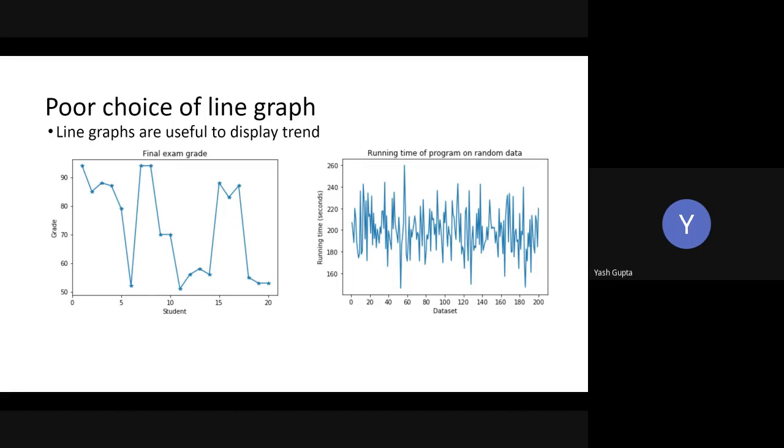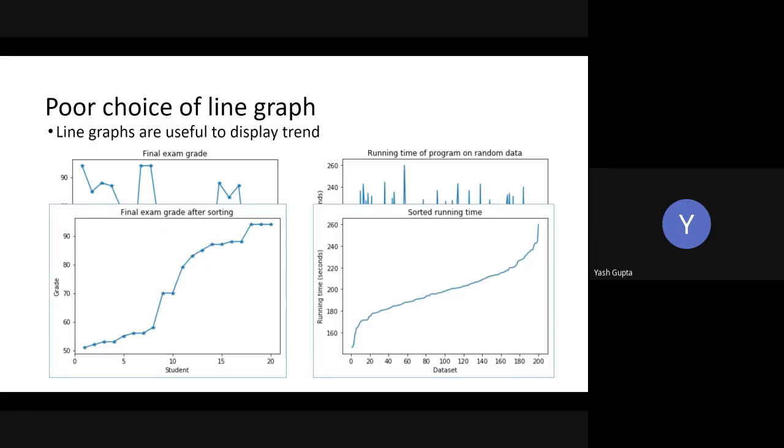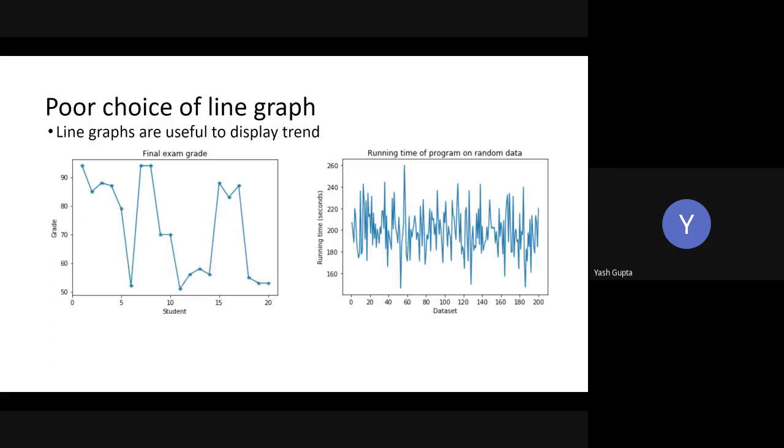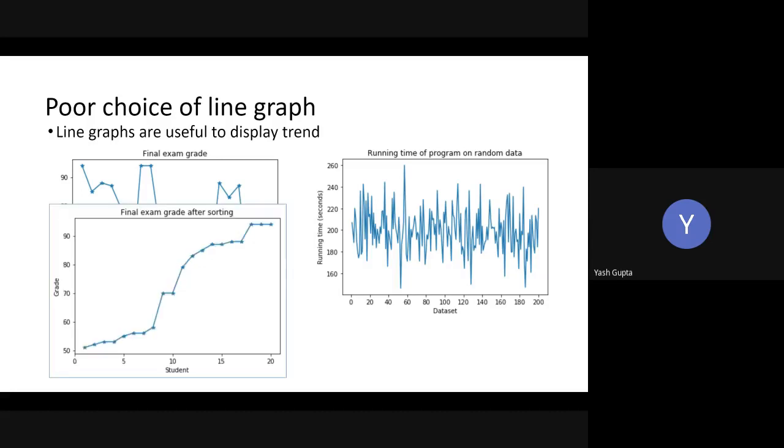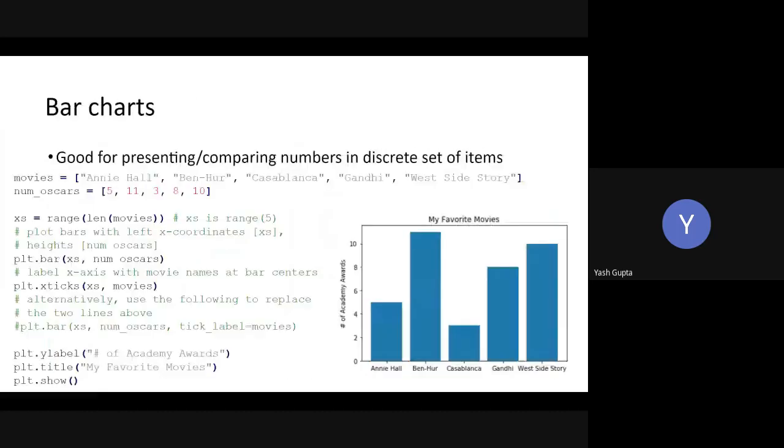But the x-axis can always change. So here are some different plots. If you take a look at these, I think this is a good validation of plots, and the big idea of line graphs is displaying trends.